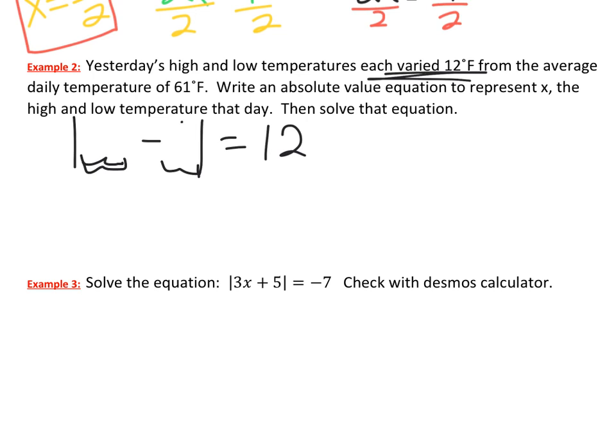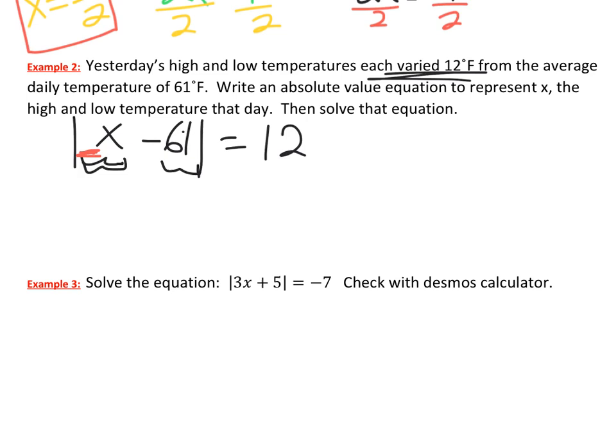In this case, we know the average, so I'll subtract the average from some unknown, which will represent the high and the low. Now, the only difference to this setup that you might typically see in word problems is there might be a number beside the x. But other than that, I've not seen any other setups with absolute value word problems.